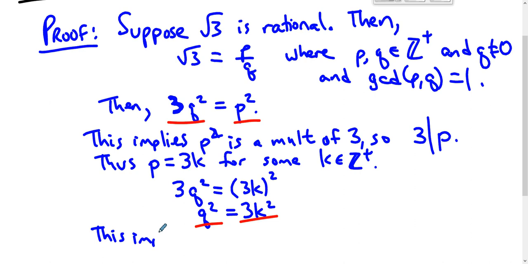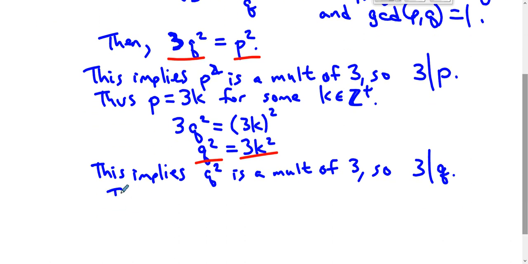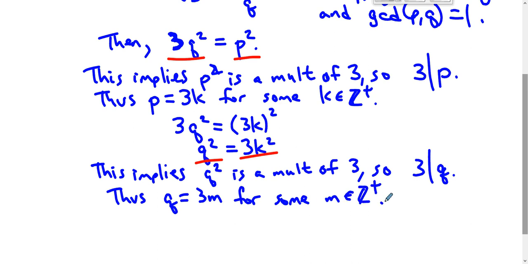So this implies that q squared is a multiple of 3. So q is a multiple of 3, and thus q is equal to 3m for some m in the positive integers.